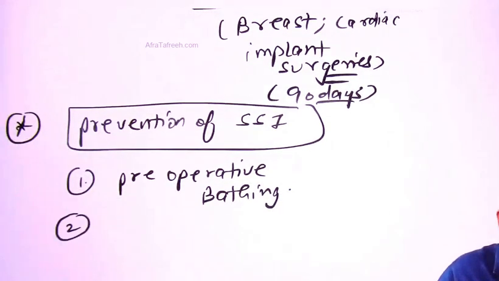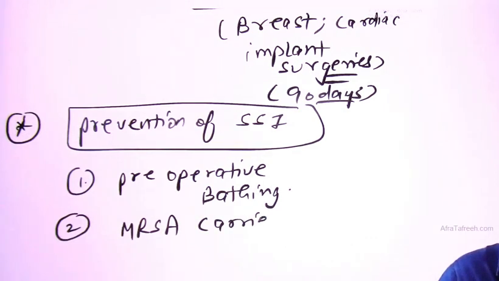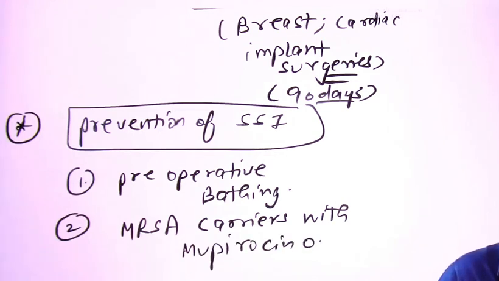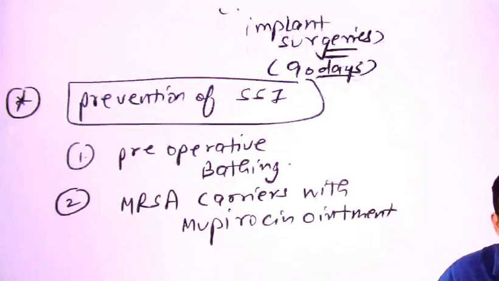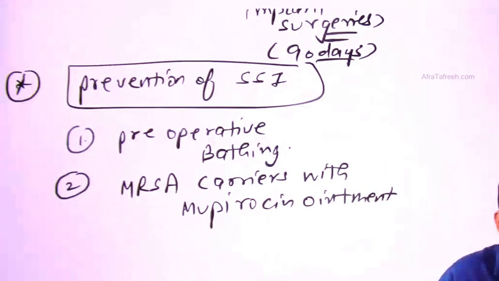Second, you treat the MRSA carriers with mupirocin ointment. Another question asked in recent exams is: MRSA carriers are treated to make them free with what? The answer is mupirocin ointment. This can be given to the patient and to the healthcare worker also if they are having MRSA.